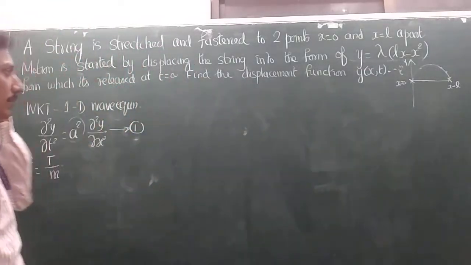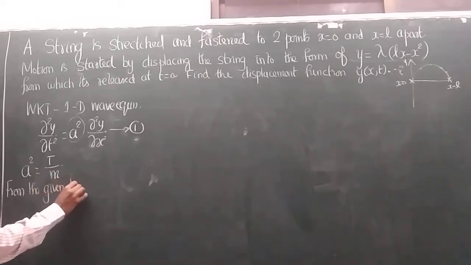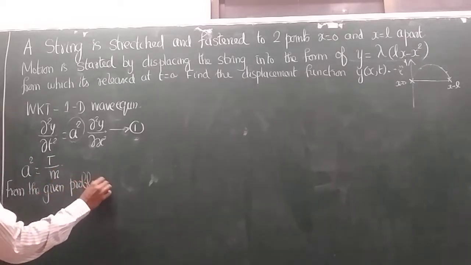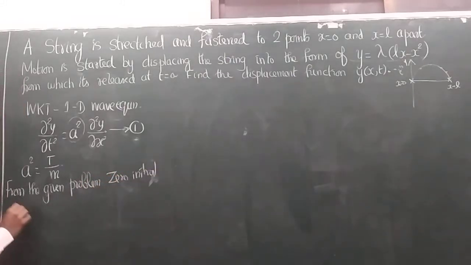From this problem, we get the zero initial velocity type.